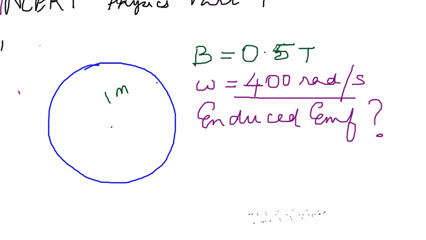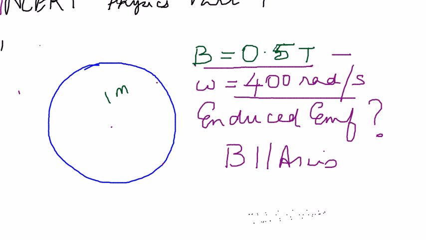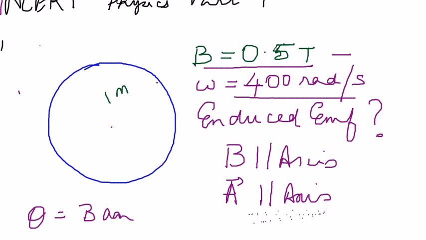and this ring is placed in a uniform magnetic field of strength 0.5 Tesla. The direction of the magnetic field is parallel to the axis. So since B is parallel to the axis and the area vector of the coil is also parallel to the axis, we have to realize immediately that the angle theta, that is the angle between B and A, is equal to 0.